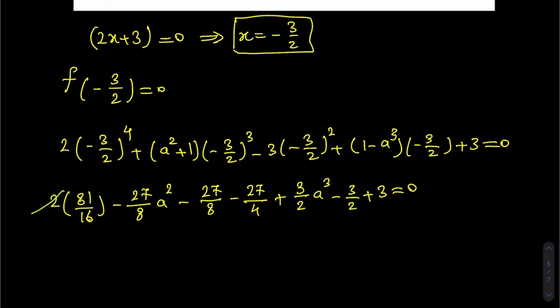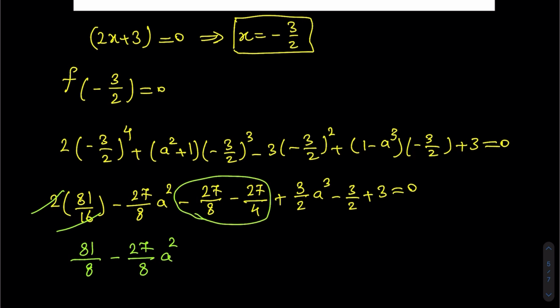So I keep simplifying it. It will be 81 over 8, minus 27 over 8 times a to the power of 2, and I need to add these two up together, and I will get minus 81 over 8.